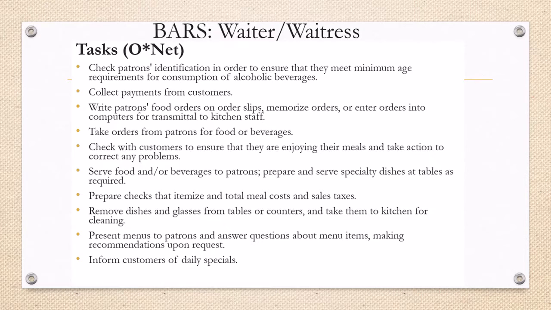They need to collect payments from customers, write patrons' food orders, etc. Will a waiter or waitress be successful if he or she performs only some of these things? Are some things more important than others?